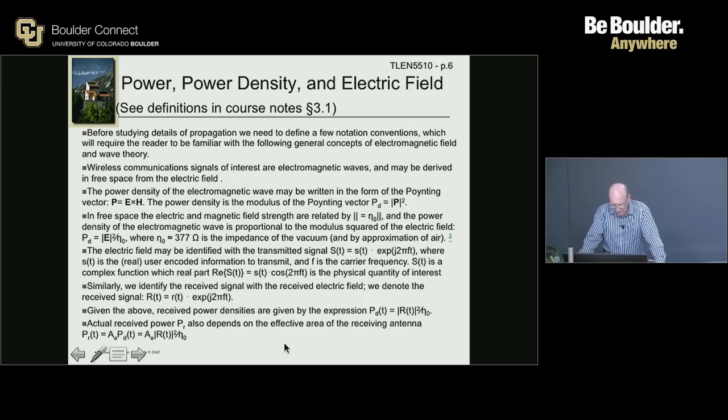What we're doing here is we have to define what we're transmitting. And we're assuming we're identifying the electric field with our signal.